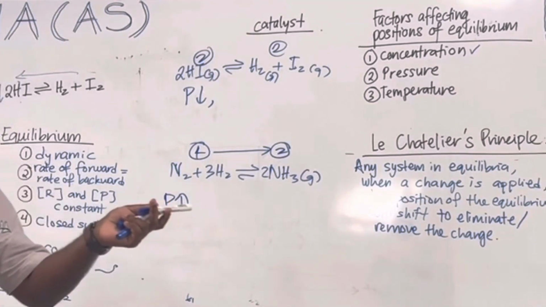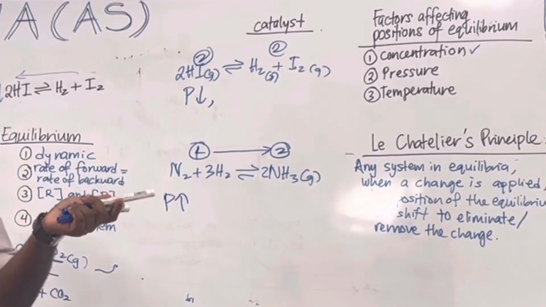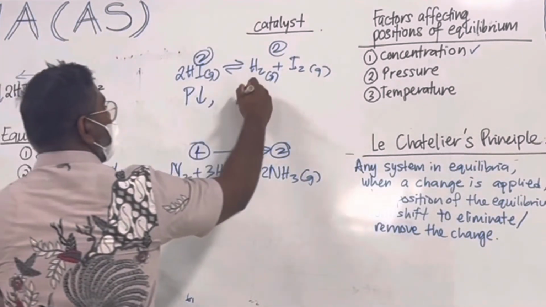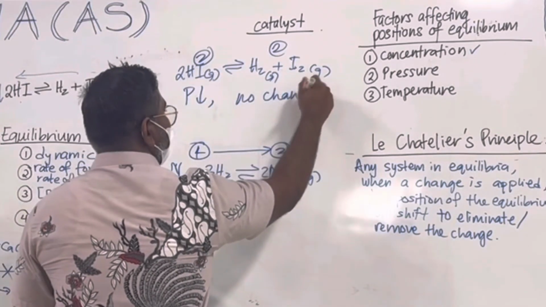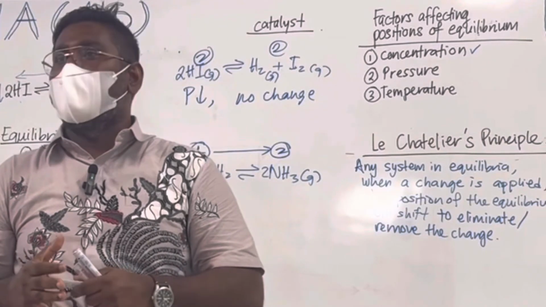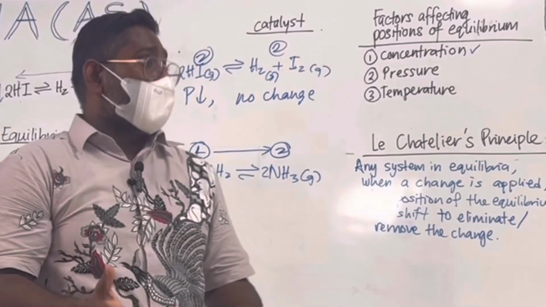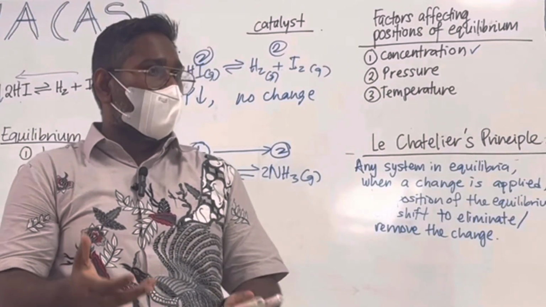How do you increase the pressure over here? Number of moles are the same. So, no change. Pressure does not affect the position of the equilibrium because number of molecules are the same. This is about pressure. We will go in detail tomorrow.